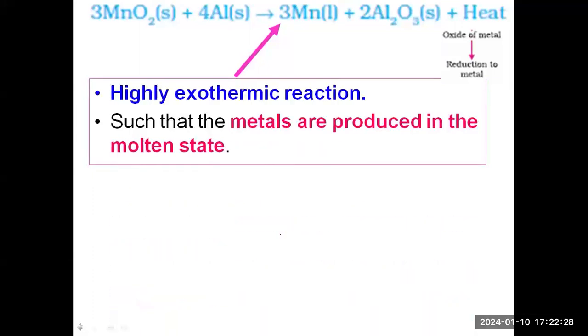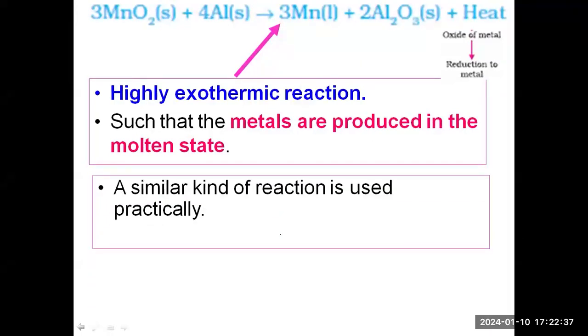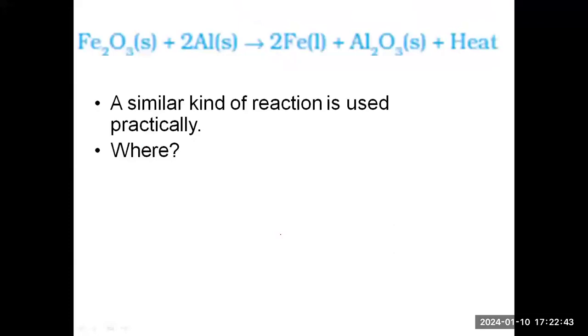So as I told you just now, the high amount of heat energy produced here will make the metal melt, and this reaction is used practically in welding. You can see the equation given here. Iron oxide is made to react with aluminium.